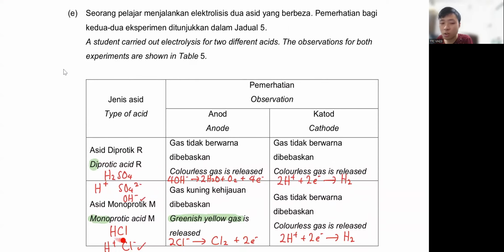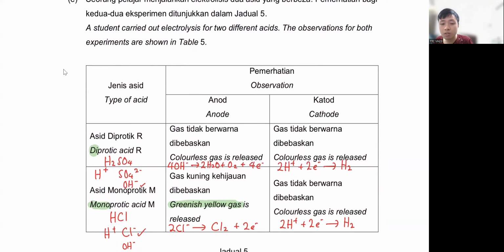That's why the acid is monoprotic HCl. So at the anode, 2Cl- becomes Cl2 plus 2e-. That's why greenish yellow gas is produced. H+ is still the same, hydrogen gas produced.